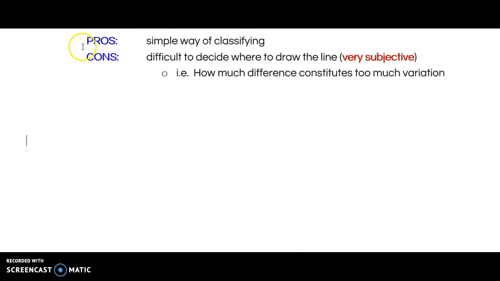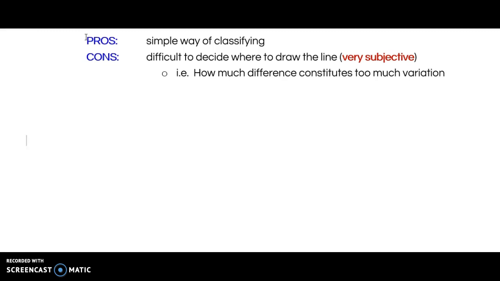So certainly a pro with the morphological species concept is that it's a super simple way of classifying. It doesn't require any high-tech materials. But it is limited in that it is difficult to decide where to draw the line. If all we're looking at is those physical characteristics, then we can see how that could be super subjective.